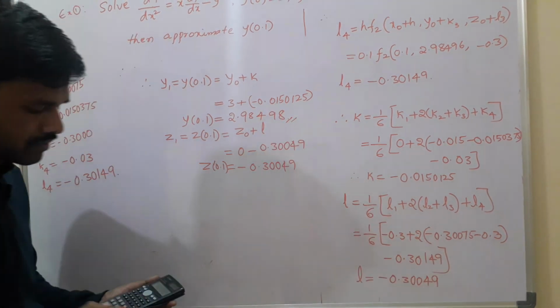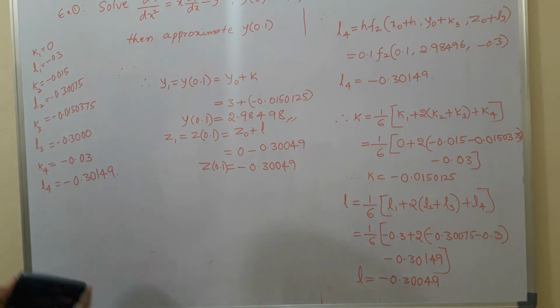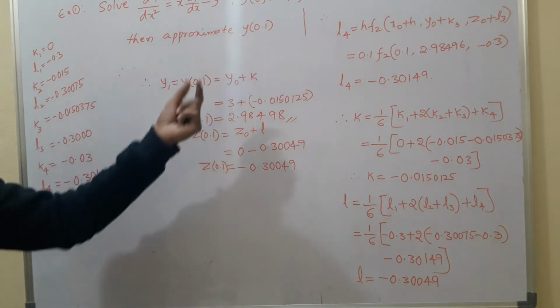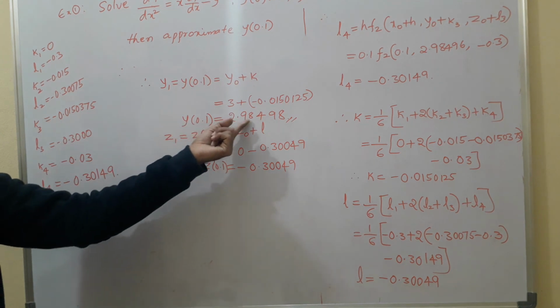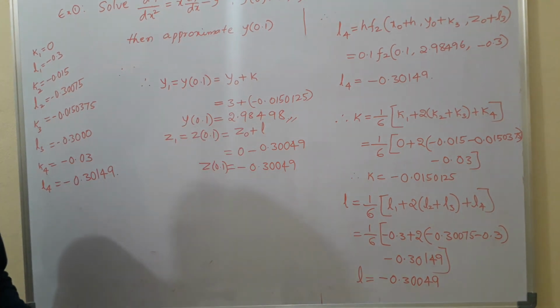So this is the final answer. We have to approximate y of 0.1, so y of 0.1 equal to 2.98498. Thank you.